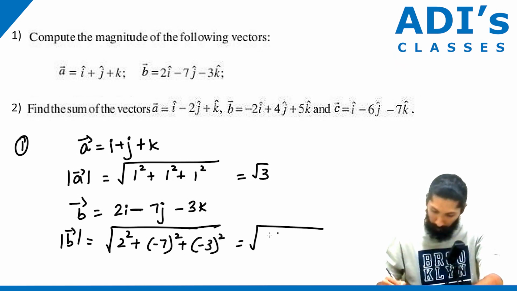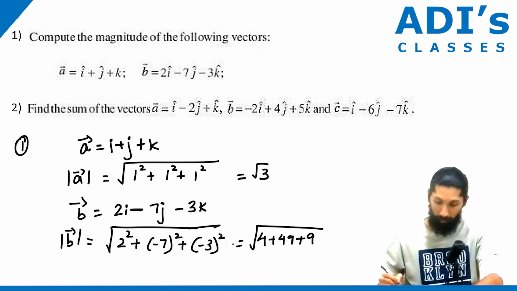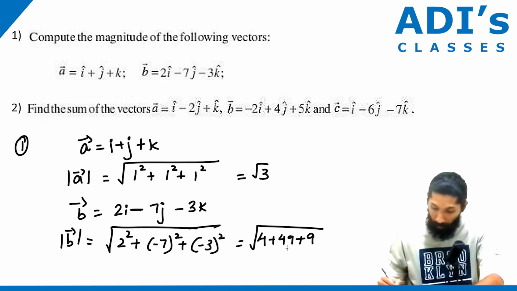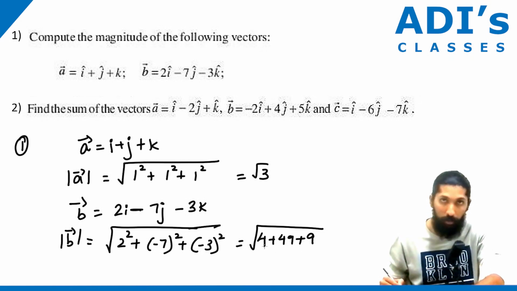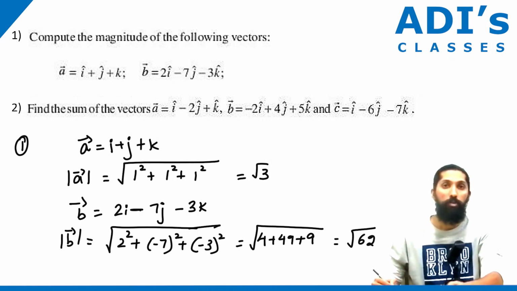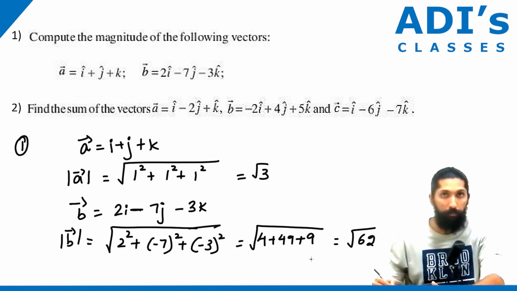This becomes root of 4 plus 49 plus 9. Correct? Now here 49 plus 9 is going to give me 58. 58 plus 4 gives us 62. This becomes square root of 62. So mod of vector B gives us root 62.